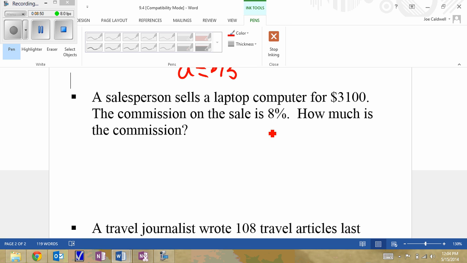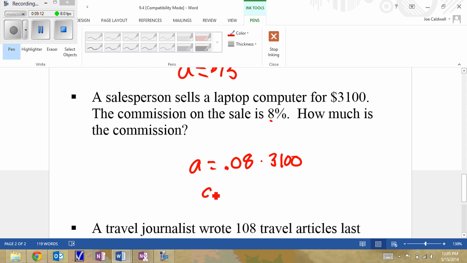So we know the total amount. What we don't know is the part that he makes, the 8%. So again, we don't know the part, which is represented by A. We do know the percentage. Don't get tricked out here. It's 0.08. 0.8 would be 80%, which is not what we're looking for, times 3,100 is our whole number, or our base.